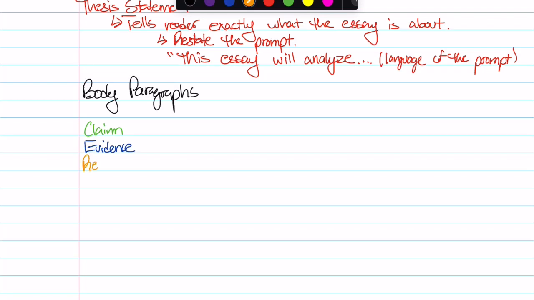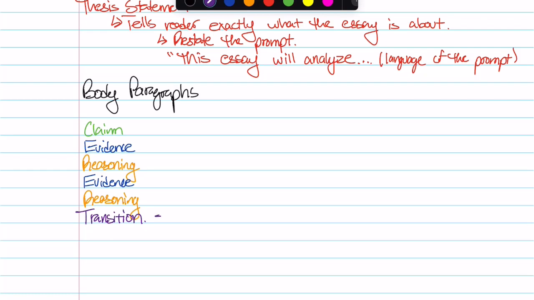You need to provide a reasoning statement or your own analysis on how that evidence supports that claim. Then you need to provide me with a second piece of evidence that supports that claim, as well as a second reasoning or analysis statement that shows how your evidence supports your claim. And then, just like we always do, we want to end it off with a transition and what you're going to touch on in your next body paragraph.